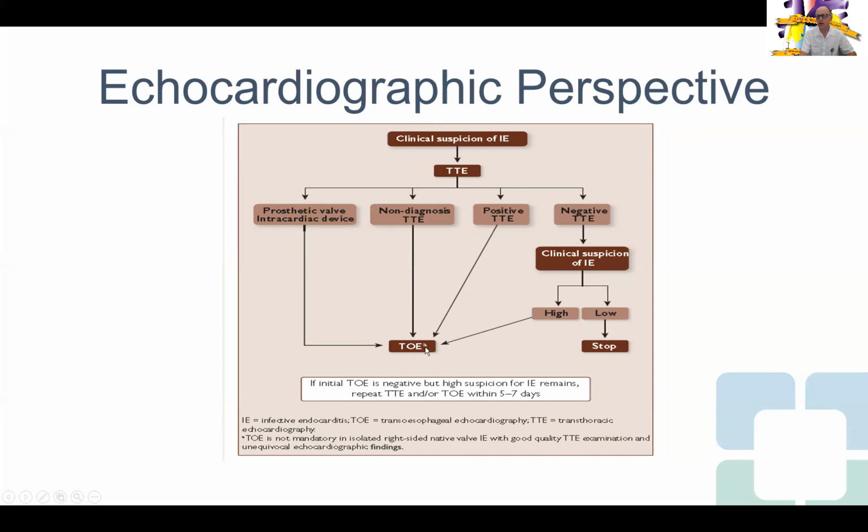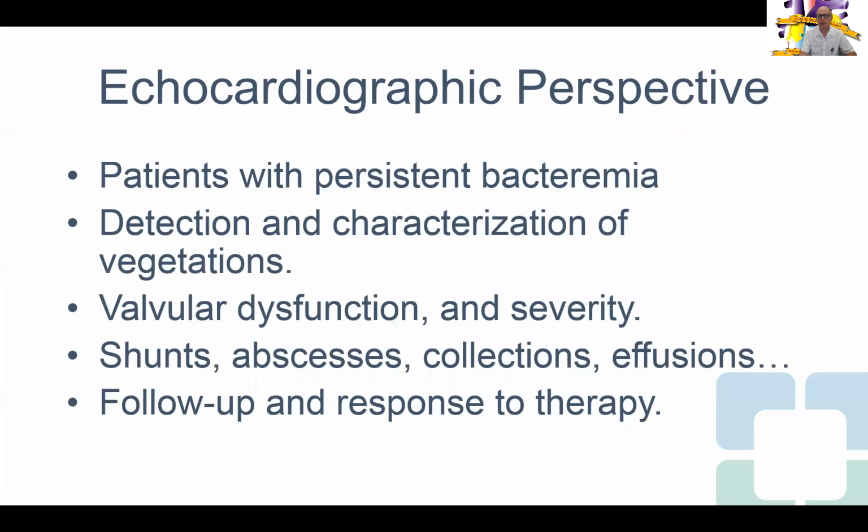You should strongly consider going for a transesophageal echo to see if you have other valves involved, or other mechanical complications beyond the valve. That's not something you should just stop at the transthoracic echo. And if you have high clinical suspicion, just keep going until you get a full transesophageal echo to make the full diagnosis and establish the extent and involvement of the heart.